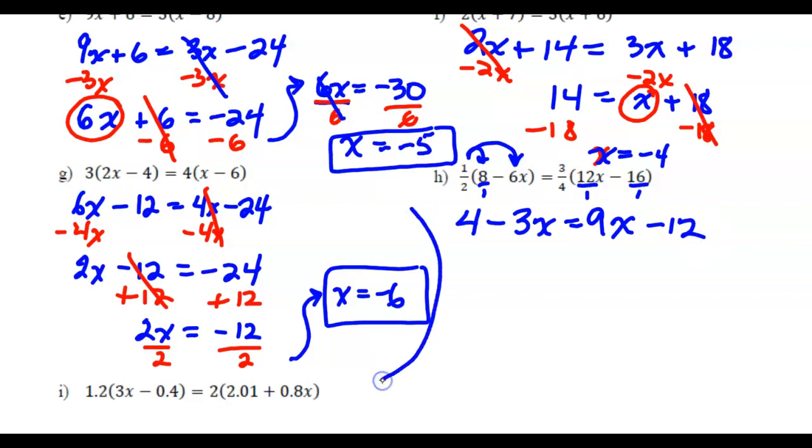Okay, now it's just like the others. X is on both sides. Smallest is negative 3x, so I'm going to add 3x to both sides. And so then 4 equals 12x minus 12.